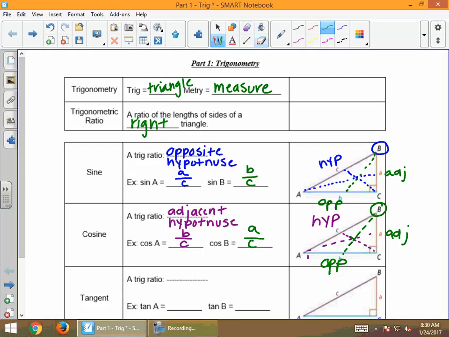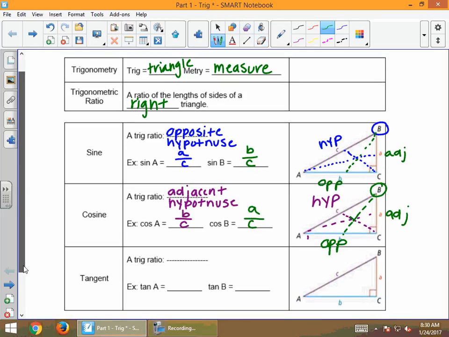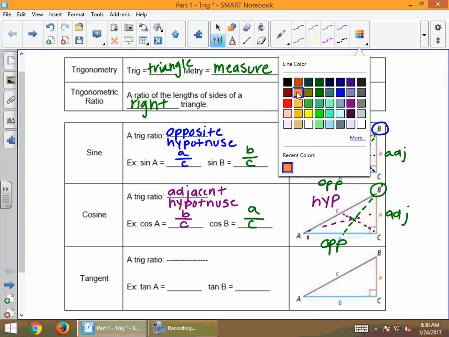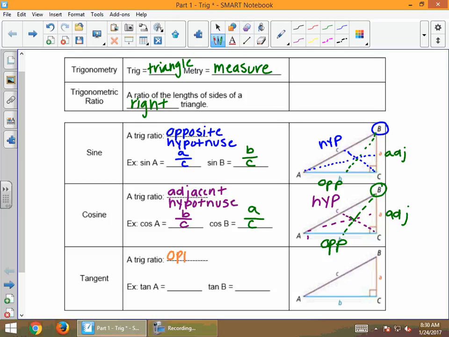The third trig ratio we're going to talk about is tangent. Tangent is just the opposite side over the adjacent side. Exactly like what we did in the previous two examples, start with your angle. In this first one, we're finding the tangent of A. So we circle A, go directly across.